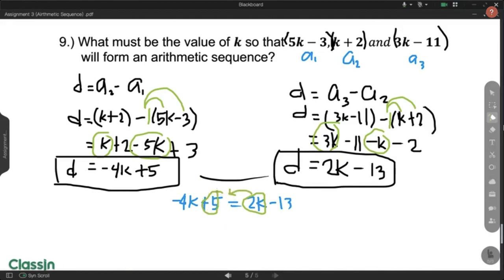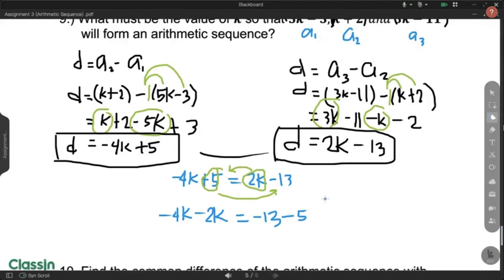So we have negative 4k minus 2k. So positive 2k will be negative 2k on the left side of the equation once you transpose. And then on the right, you have negative 13 and then minus 5. So from positive 5, you will transpose it. You will get negative 5 here on the right side of the equation.